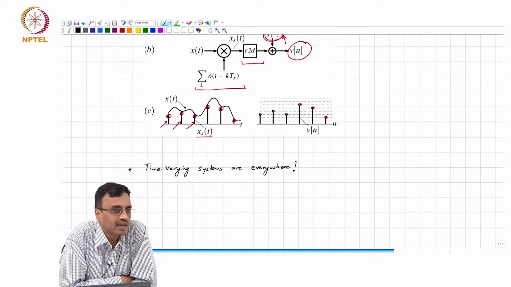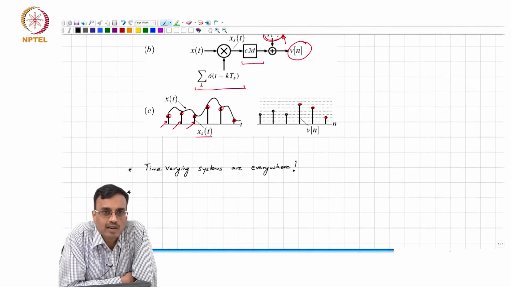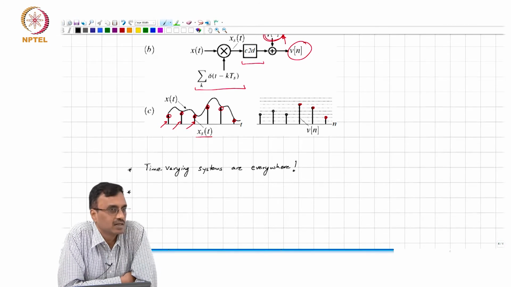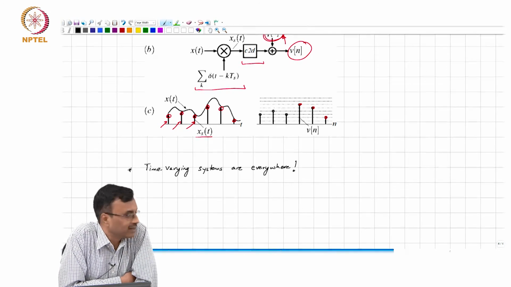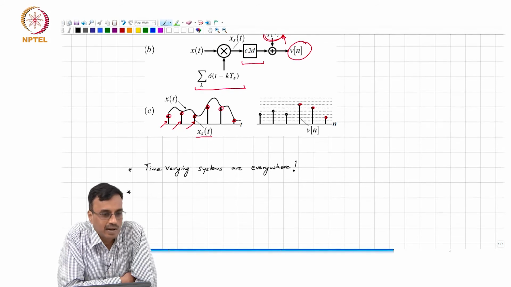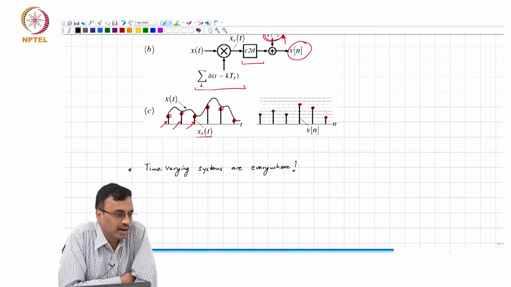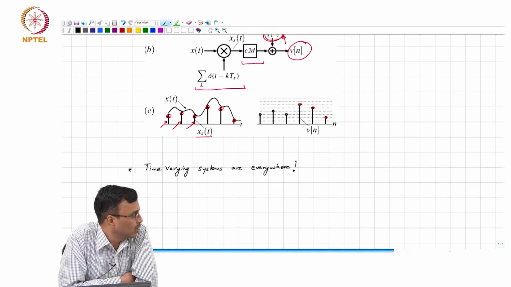The question is how come we never bothered to study this important class of systems ever, right. In your undergrad classes, you have taken signals and systems, you have taken linear circuits where you basically learn Laplace and Fourier and so on. And then you have taken analog circuits and communication and so on, right.